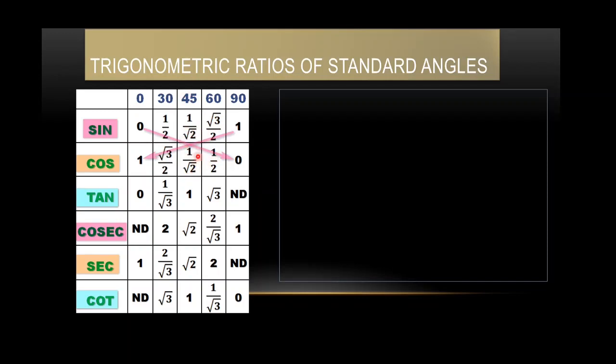Then tan is sine divided by cos. You need to keep in mind that tan of an angle theta is equal to sine of that angle divided by cos of that angle. You see, it works out here also. If tan is this, then cotangent will be equal to cos theta by sin theta.